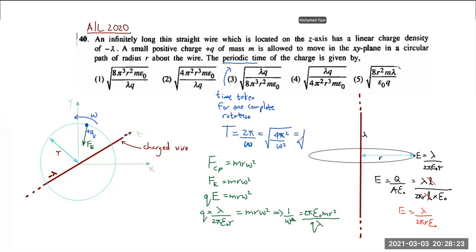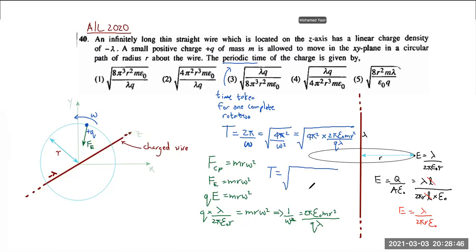T is equal to the square root of 4 pi squared, that is there already, times 1 over omega squared. Instead of 1 over omega squared, let's substitute this whole thing, that is 2 pi epsilon naught m r squared divided by q lambda. So what is the value for T?